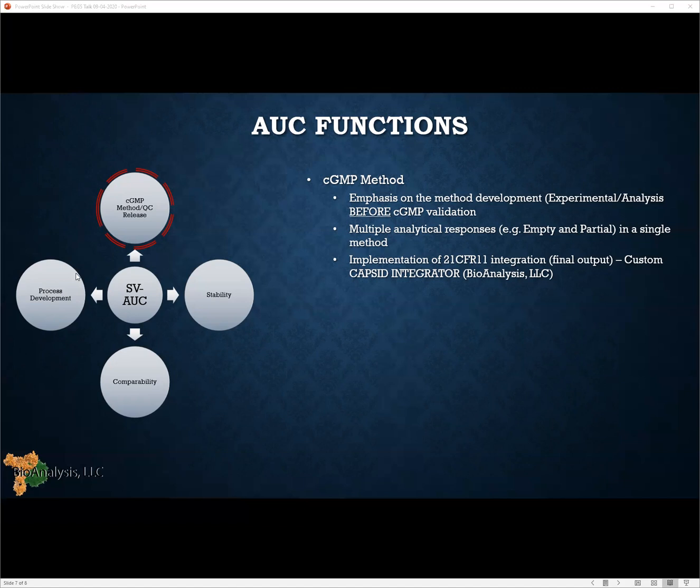For example, you can develop a method that not only quantitates the empty capsid, but also quantitates your partial. And if you're clever enough and your system is amenable to it, you can also do your aggregates. So it's all very flexible, and under certain conditions, you can do multiple analytical responses in just one method.